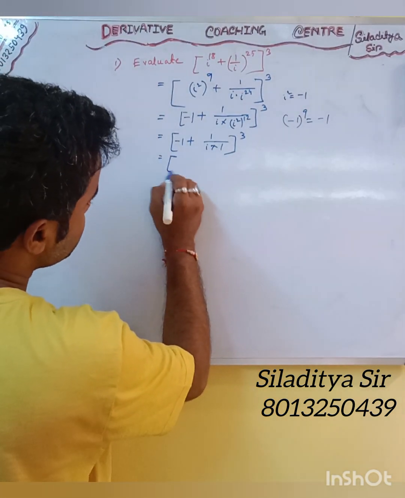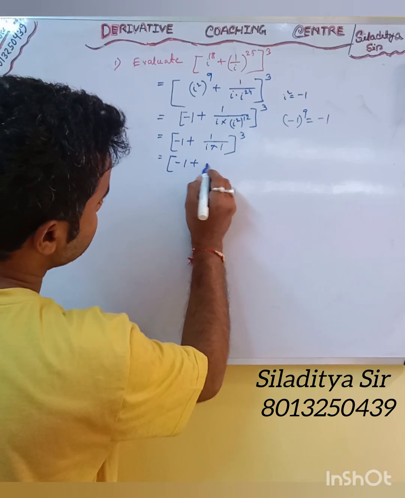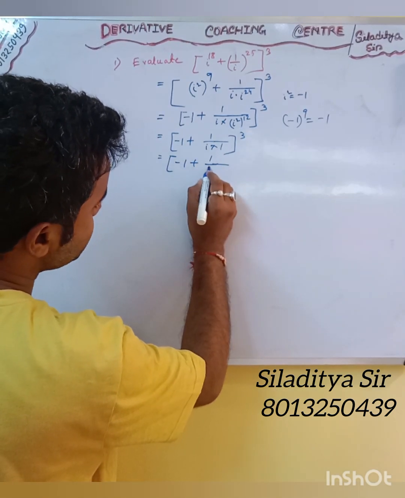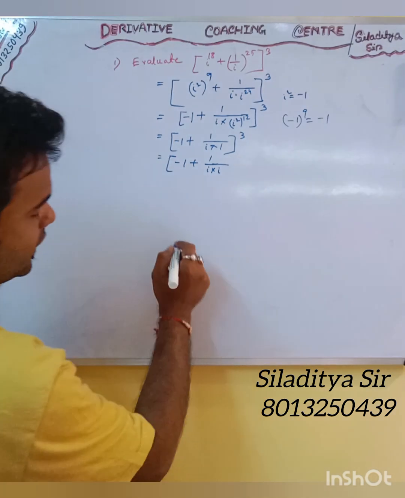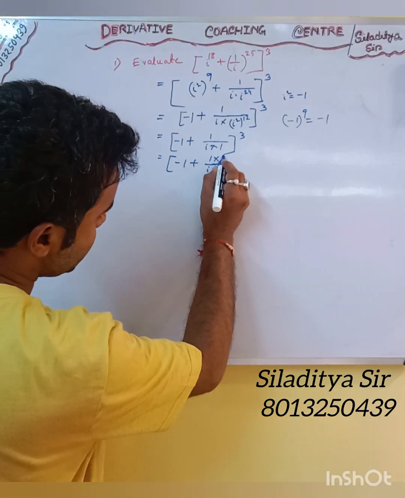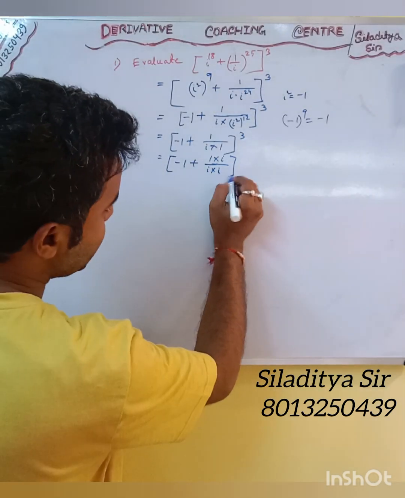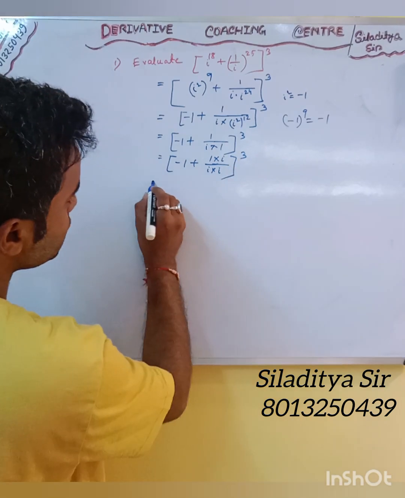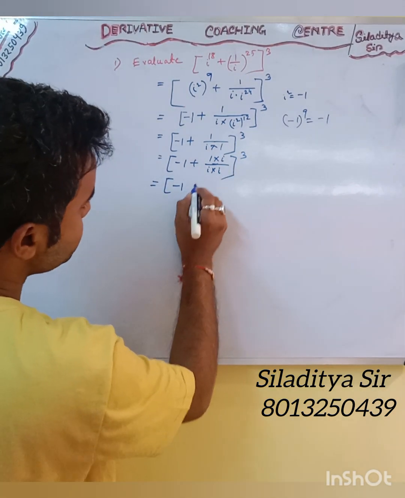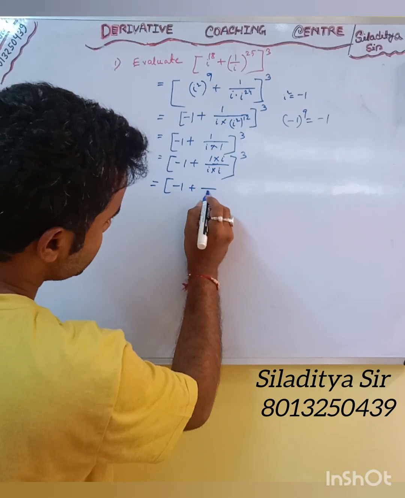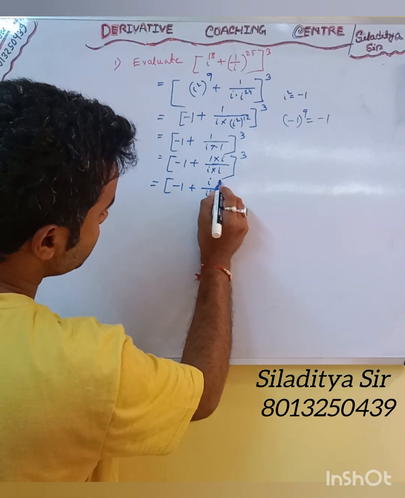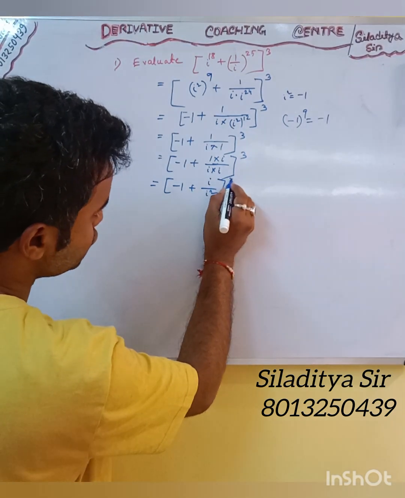Next step, 1 plus, now we multiply i in the denominator, so we should multiply i also in the numerator, so that becomes minus 1 plus i by i square, whole to the power 3.